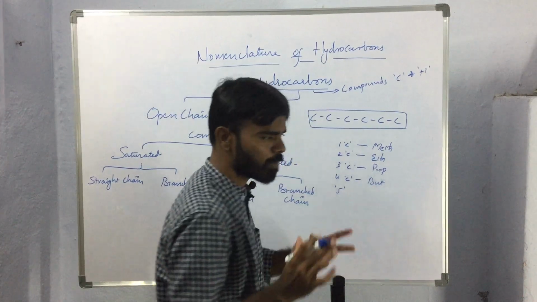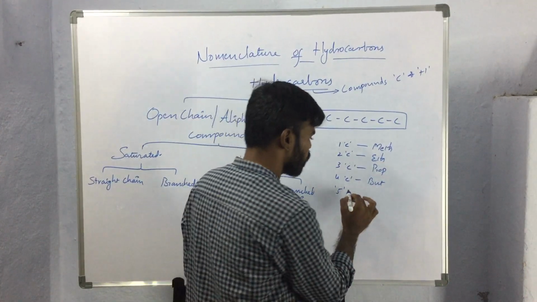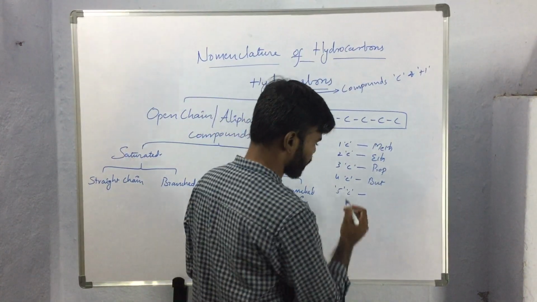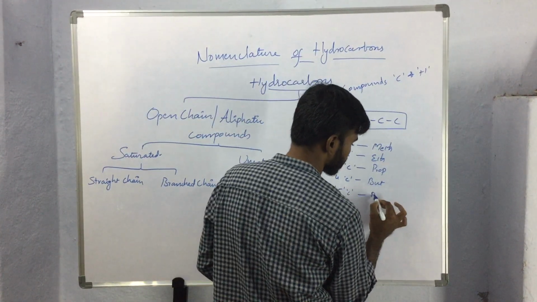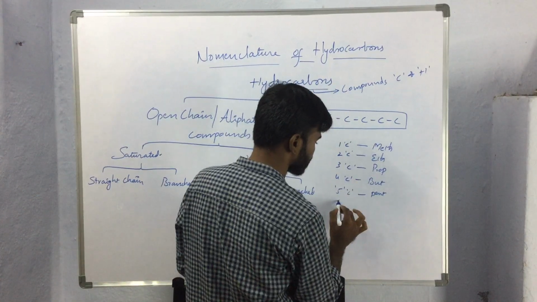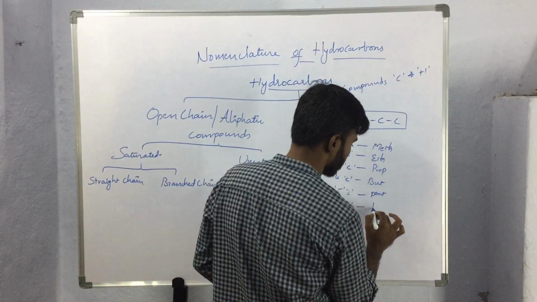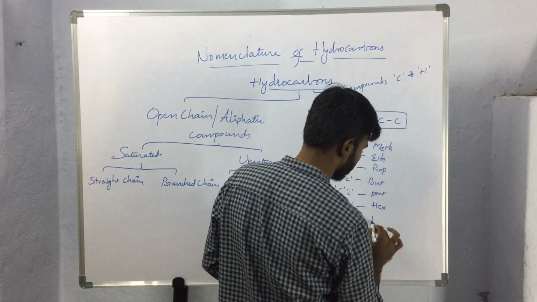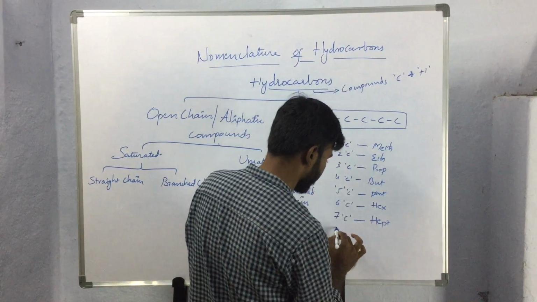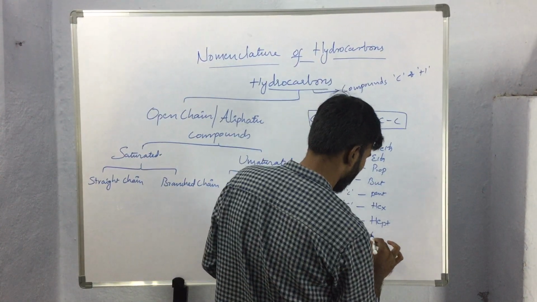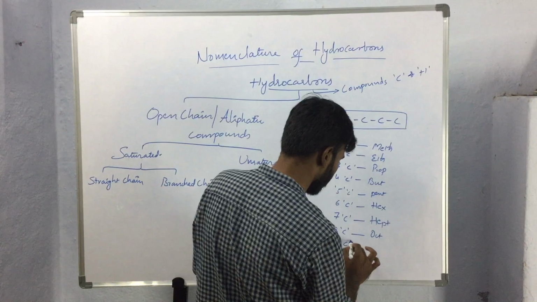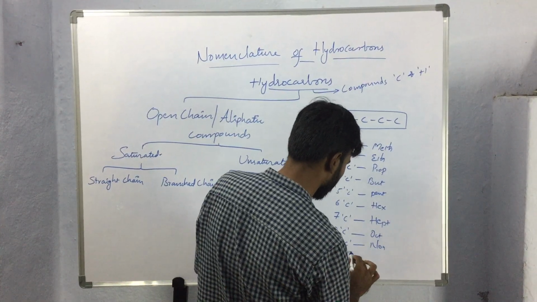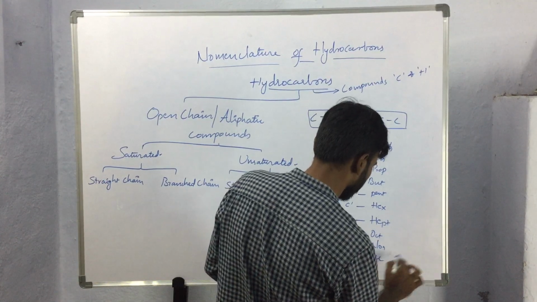From 5 carbon atoms onward, we will be using Greek numerals as prefixes. If the compound contains 5 carbon atoms, the prefix pent will be used; 6 carbon atoms, hex; 7 carbon atoms, hept; 8 carbon atoms, oct; 9 carbon atoms, non; and 10 carbon atoms, dec.